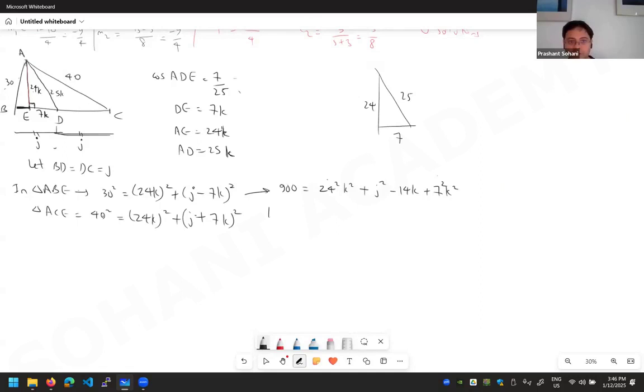Okay. And the second equation is 1600 is equal to... as I said, 24 and 7 square will become 25 square, and the same in this also.